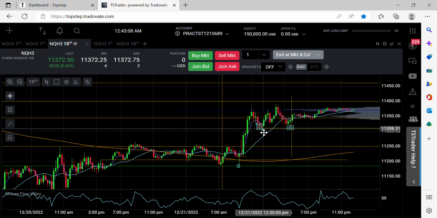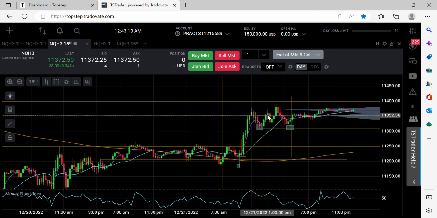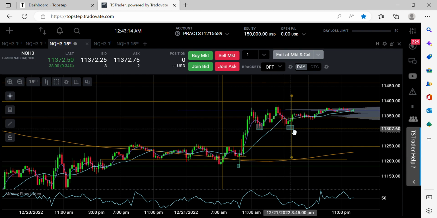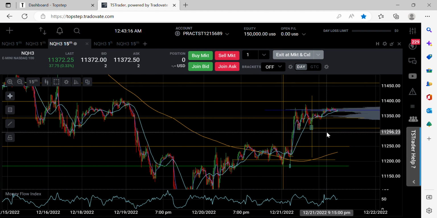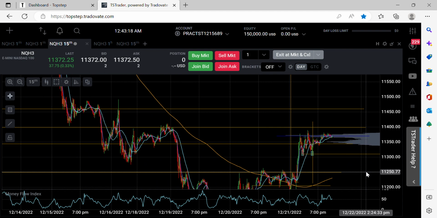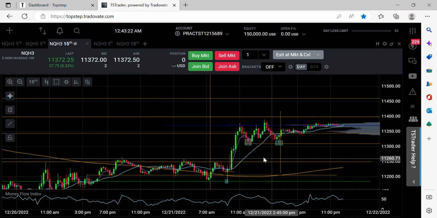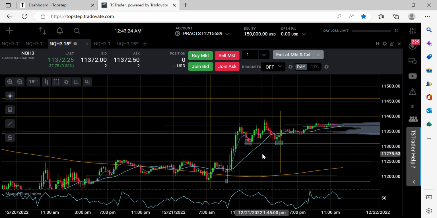Then you base here, and then you're almost playing off this line. And that's it. That's all you need. And you have your multiple levels going on. But for today, those are your trades.